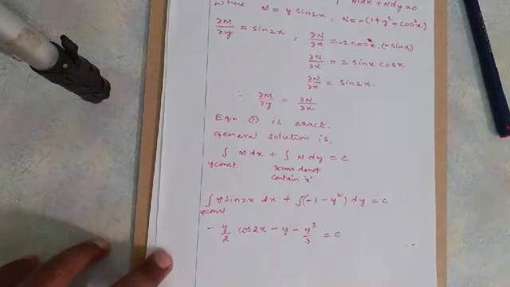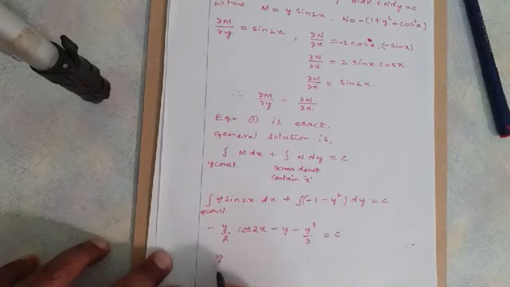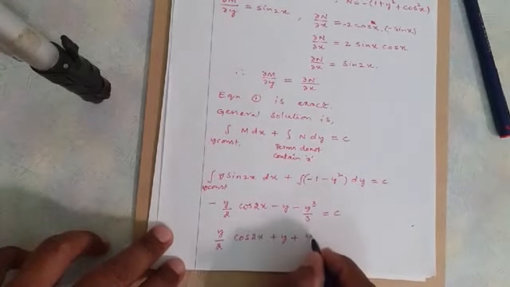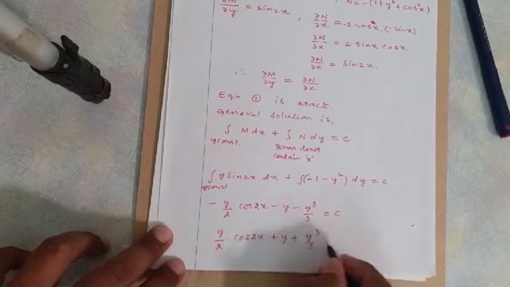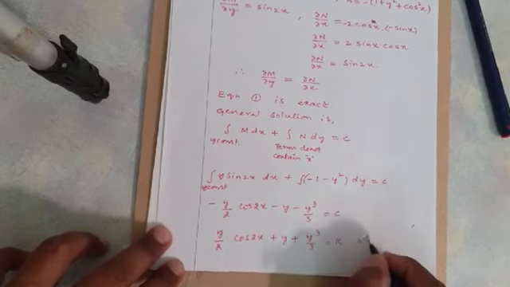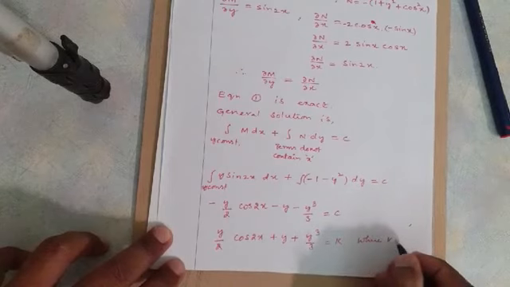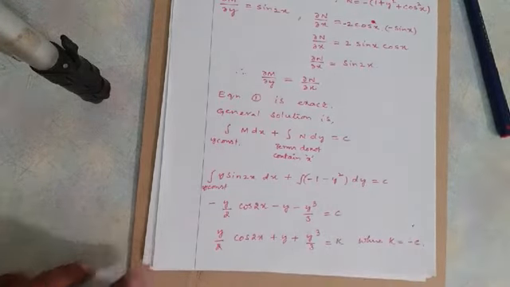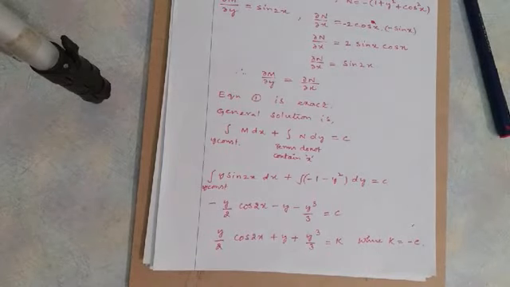Now when you multiply with minus, this term becomes y by 2 cos 2x plus y plus y cube by 3 is equal to, you can write capital K, where K is equal to minus C. Okay, so this is the solution for the given problem.